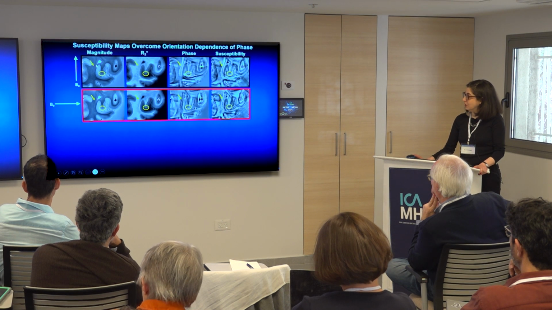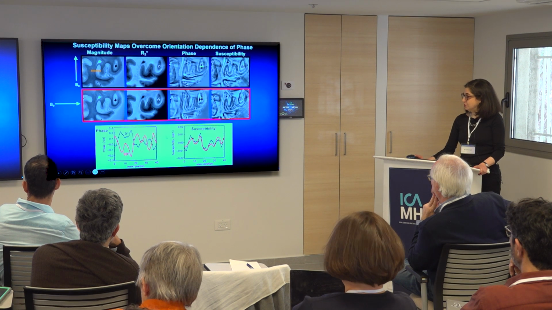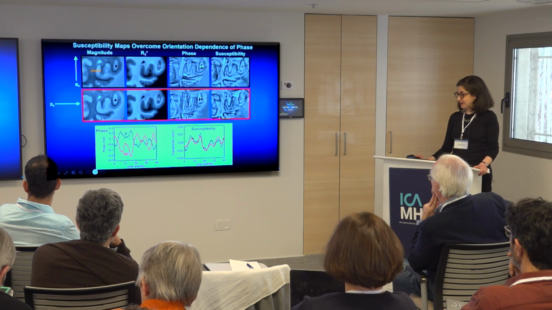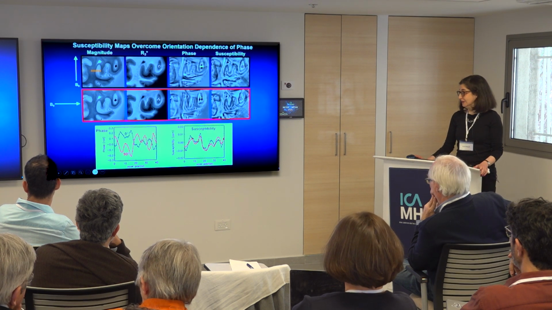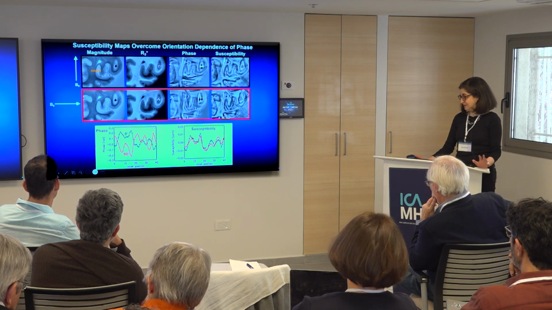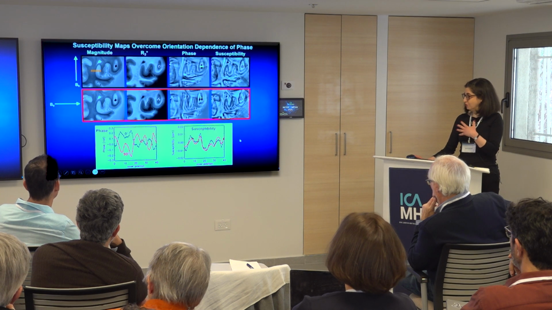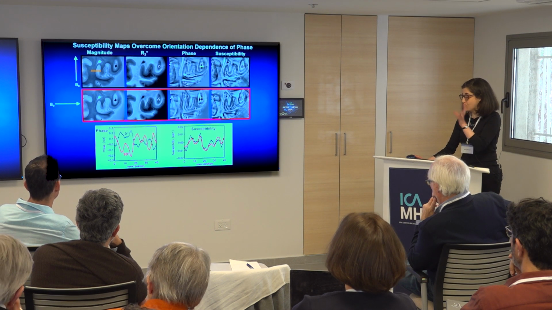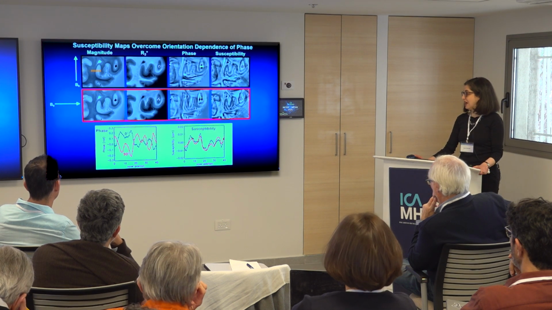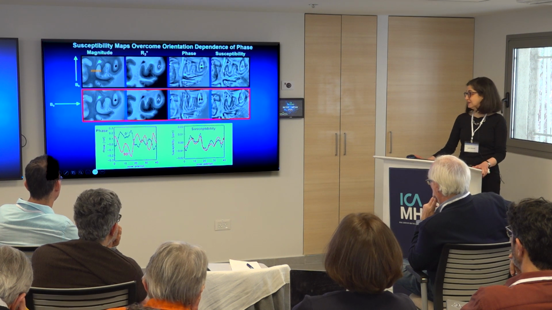Also, if we draw profiles across some of these structures, you can see that the contrast in the phase images is almost opposite, but the contrast in the susceptibility maps is almost 100% similar. So that's resolved that non-local, orientation-dependent contrast, and we have a contrast that is not dependent on the orientation of the tissue with respect to the main magnetic field.